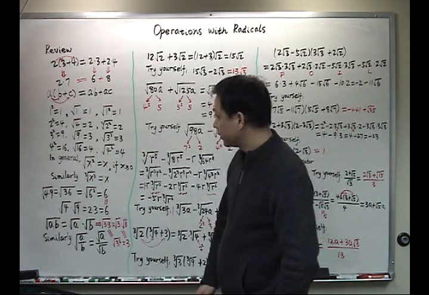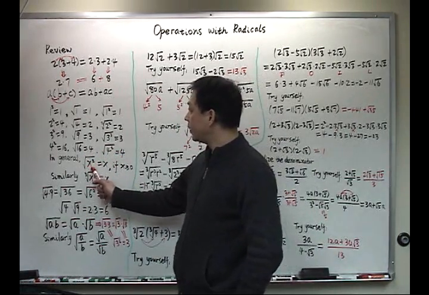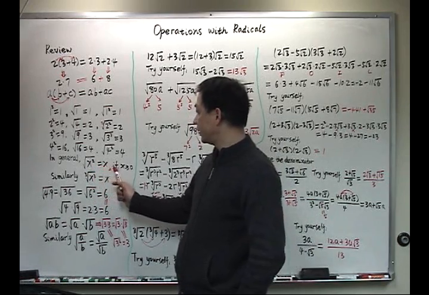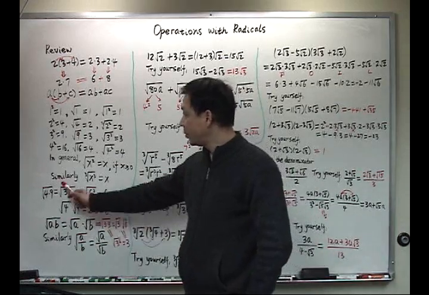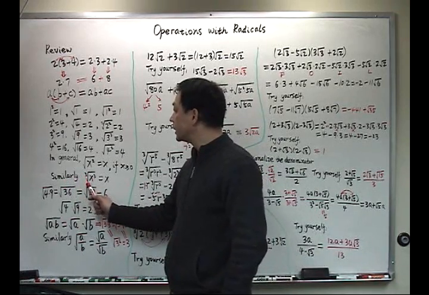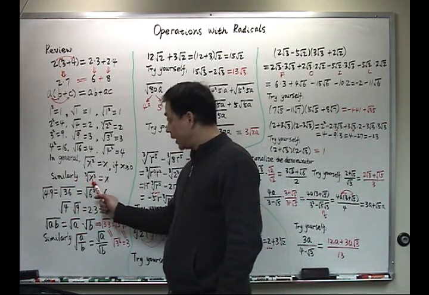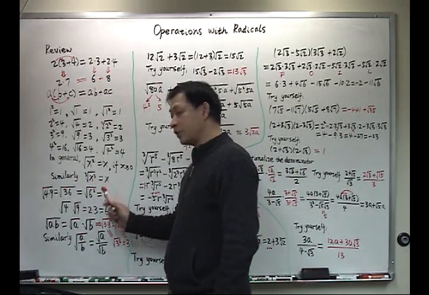In general, we have radical x squared is x if x is greater than or equal to 0. And similarly, we have the cube root of x cubed is x.